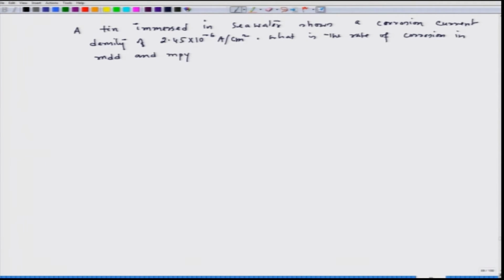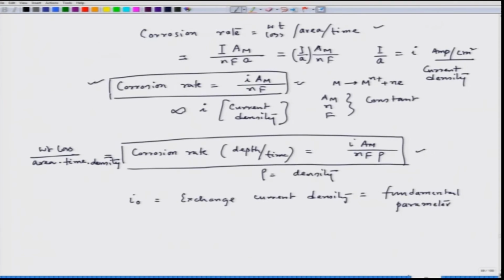Now, in this particular problem, we have used a corrosion current density. If we go back and see this particular formula, here the corrosion current density is nothing but the current density at which the dissolution is taking place.